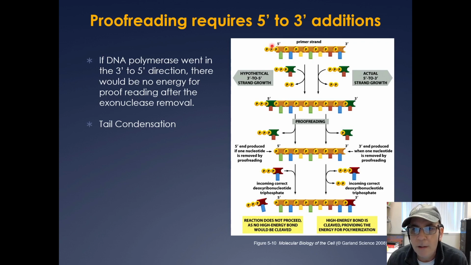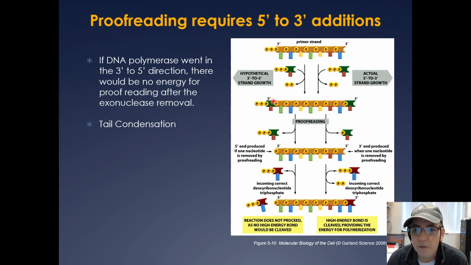Okay, so let's say we're going in the 3' to 5' direction. The energy for the base addition would have to come from the existing strand, from the release of this pyrophosphate group. So when an incoming nucleoside triphosphate got added, the pyrophosphate here would be released and the new base would be added.